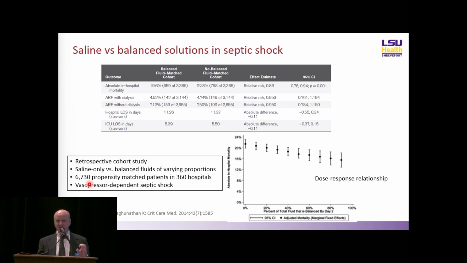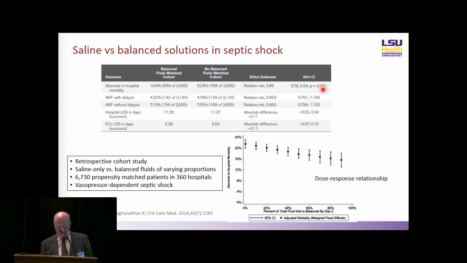So it's not a small study. It's fairly large, although retrospective. And it looked at saline only versus balanced fluids of varying proportions in vasopressor-dependent shock. So the sickest patients. And the absolute in-hospital mortality was significantly different, with a high degree of statistical significance.